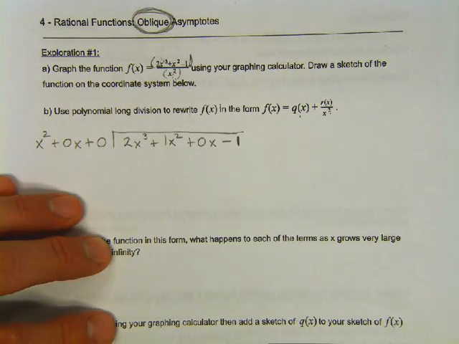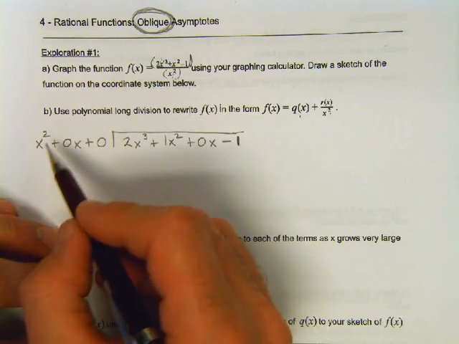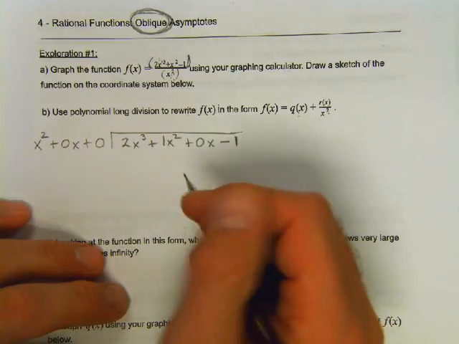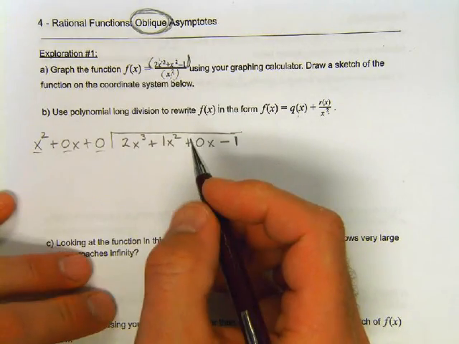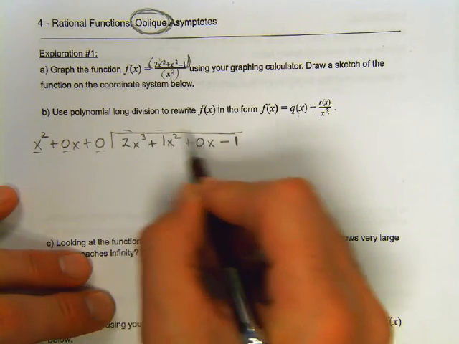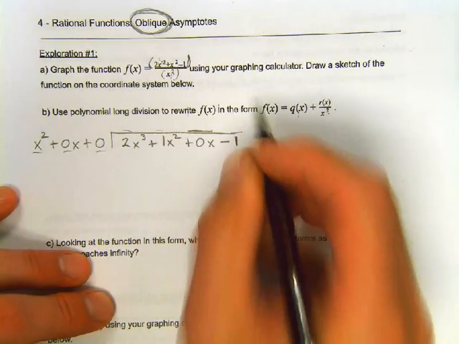Now the reason we're doing long division is because the synthetic division that we know about only works if you're dividing by a linear binomial. And this is a quadratic, so we've got to do the long. Okay, if you have the setup, here we go. See how there's 1, 2, 3 terms? We want to go 1, 2 over to the third term right here. This is where we're going to start.